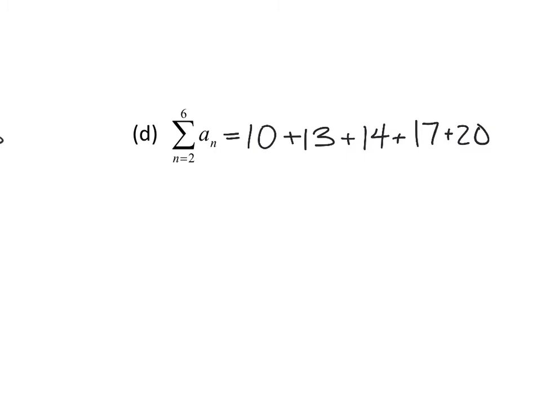If I add all of those things together, what do I get? A number, right. What number? 74. Yeah, so we're adding up all of them from the second term to the sixth term, from the index of 2 to the upper limit of 6.